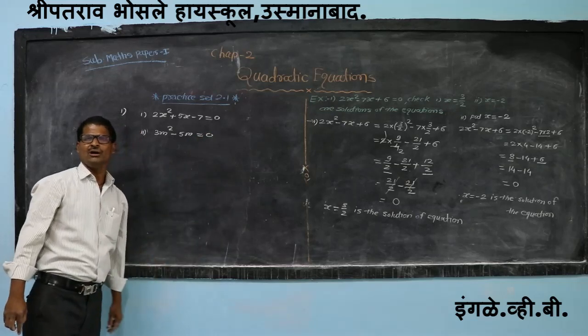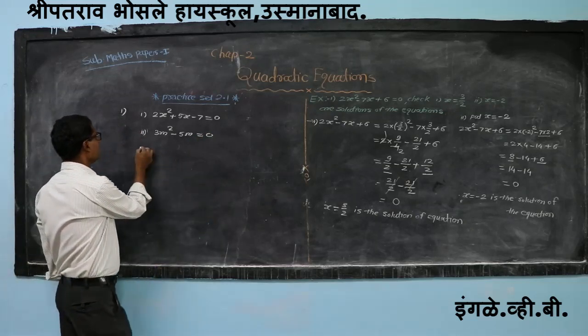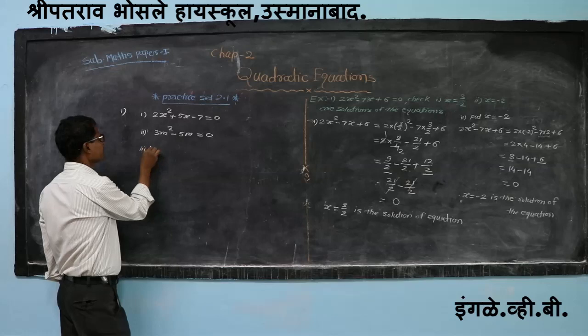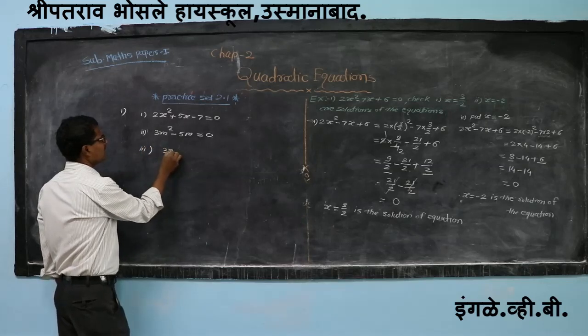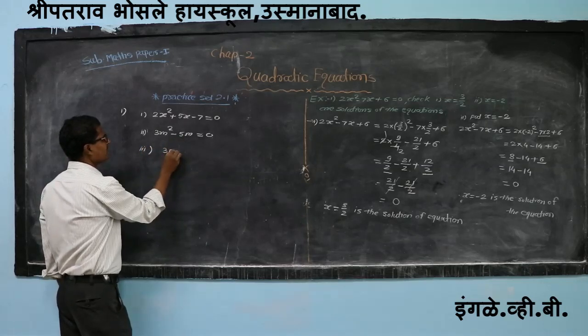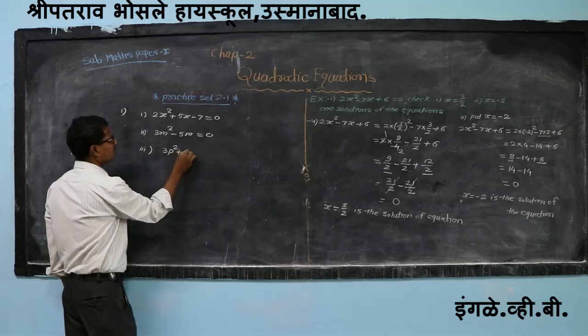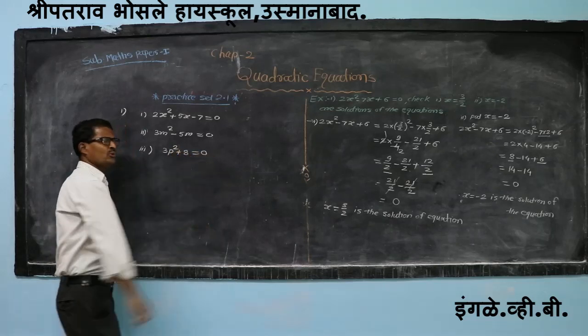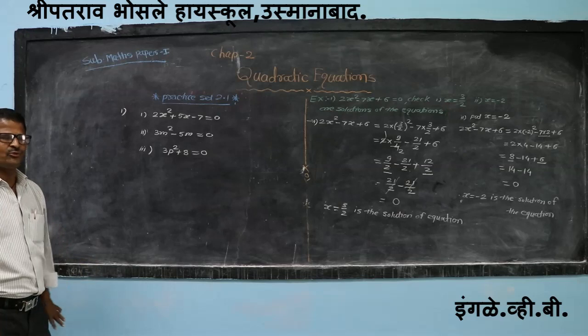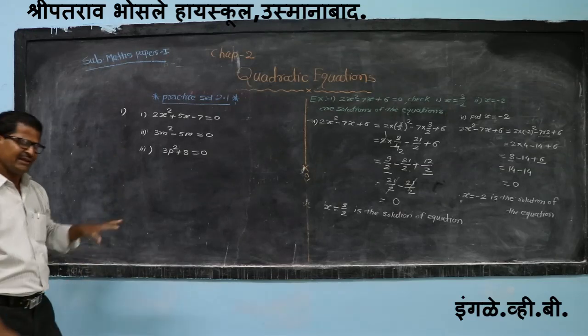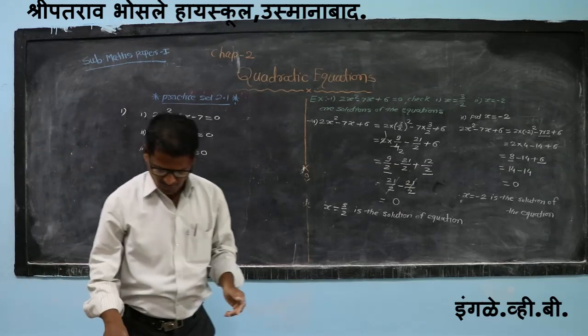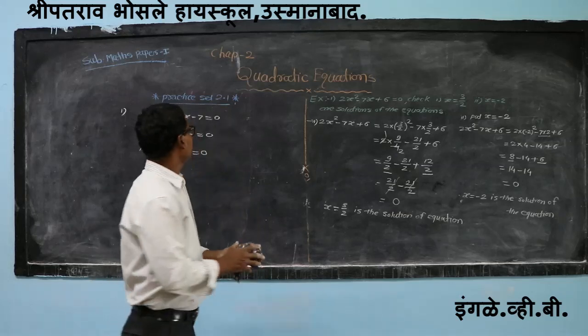This is also a quadratic equation. Number 3: 3p square plus 8 is equal to 0 is also a quadratic equation. In this way we can write any quadratic equations. Question number 2.